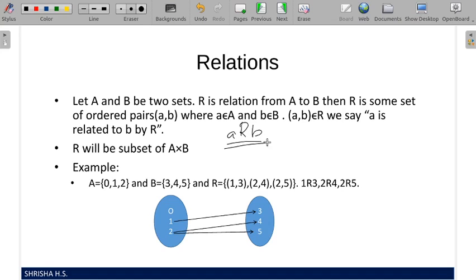These are the notations. Relation will always be a subset of the Cartesian product between A and B.